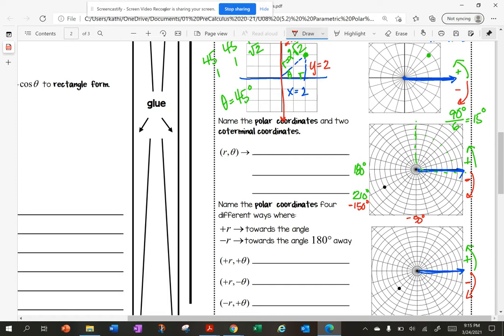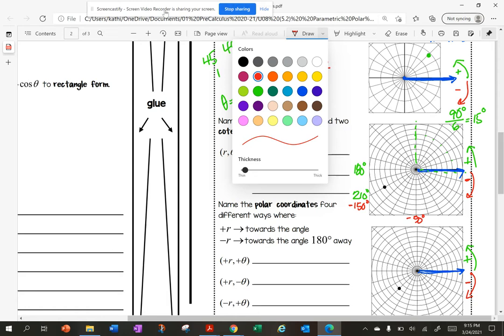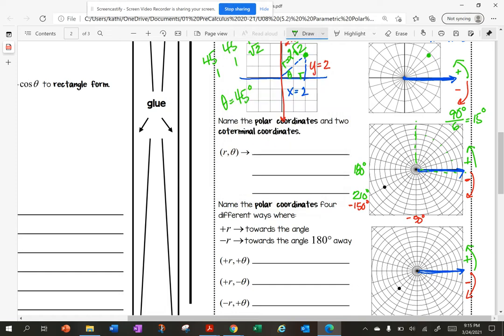Now, if I want to count out how many radii this is, I count from the pole. So this is going to be 1, 2, 3, 4, 5, 6, 7. So I'm counting 7 out, so my radius is 7.